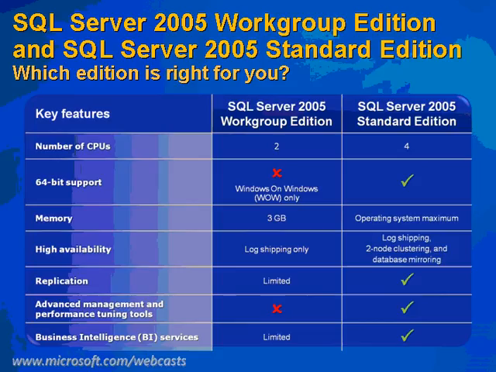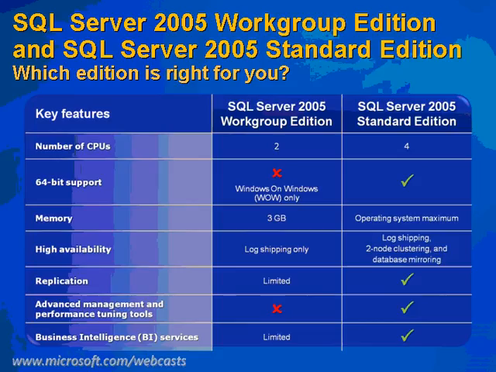The 64-bit, both Intel architecture and also the x64 architecture is not available on the Workgroup Edition, but on the Standard Edition, native 64-bit is available. I have a sub bullet here that says it's Windows on Windows. What does that mean?